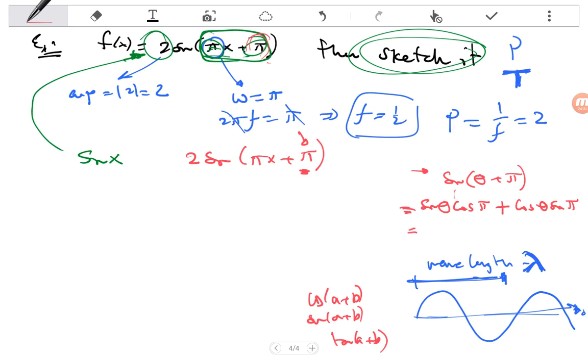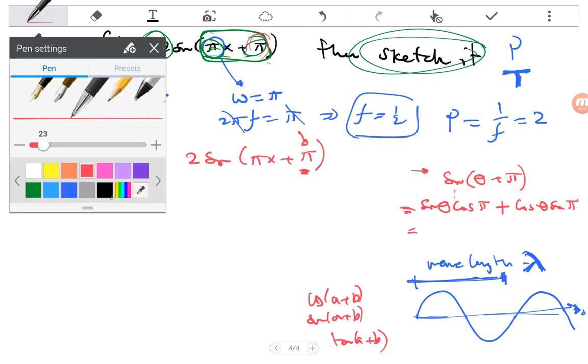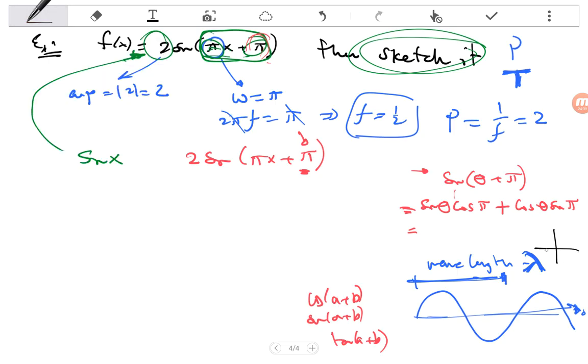So what is cosine pi? We just check it in the unit circle. This is the angle pi, so we have this point, which is minus 1 and 0. The cosine of this angle is minus 1, and the sine of that angle is 0. So this expression is just minus sine theta.